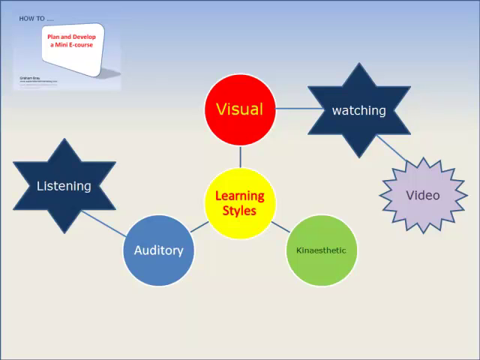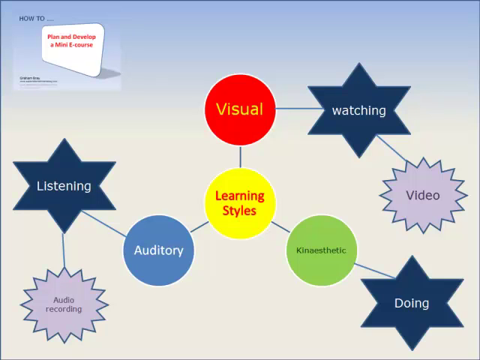Auditory learners prefer to learn by listening. To continue with our DVD example, auditory learners prefer to listen to explanations of how to use their new recorder. For auditory learners, videos are again excellent teaching resources, and you can also include audio recordings. The third type of learners are kinesthetic.